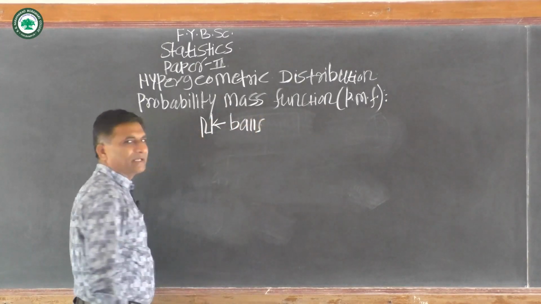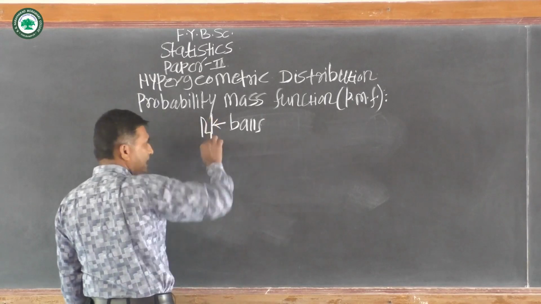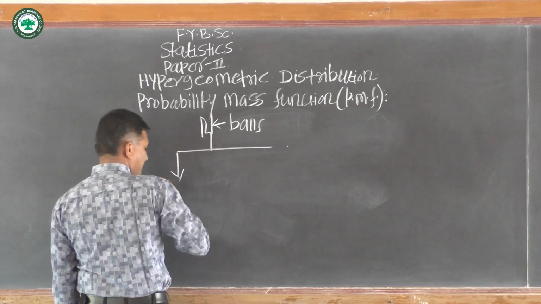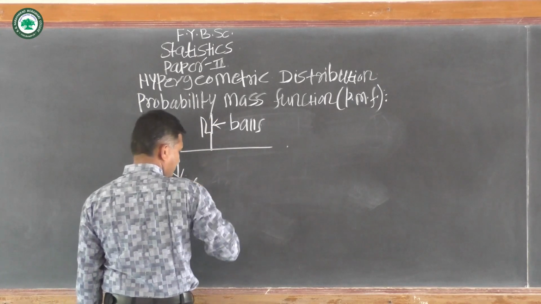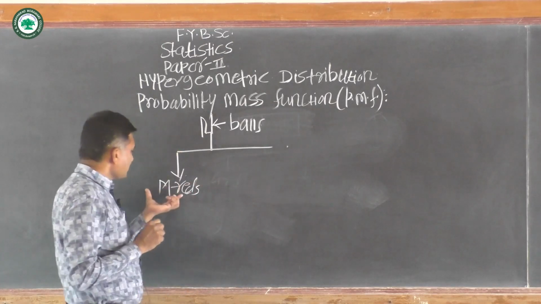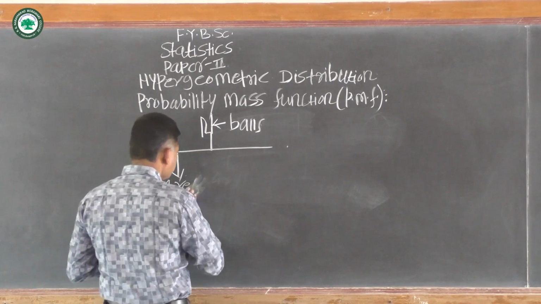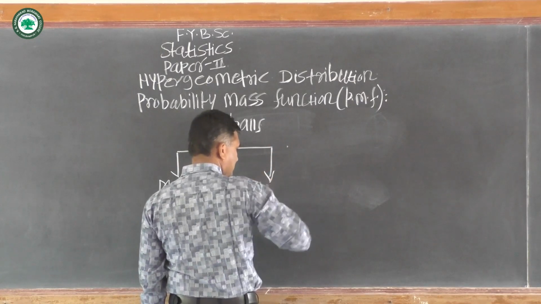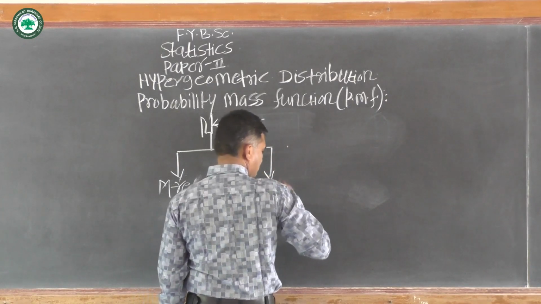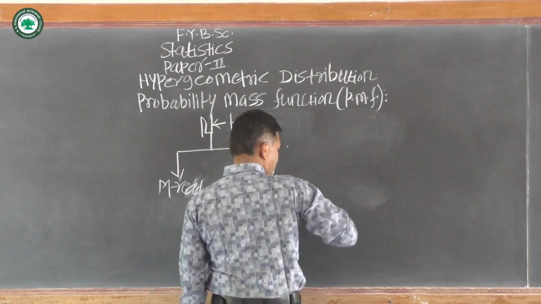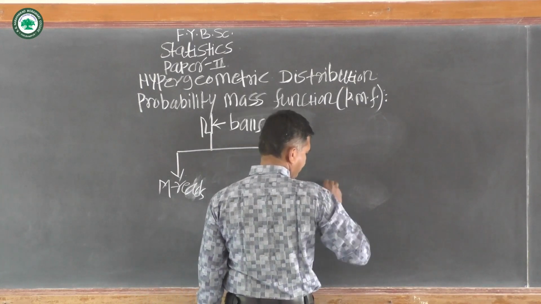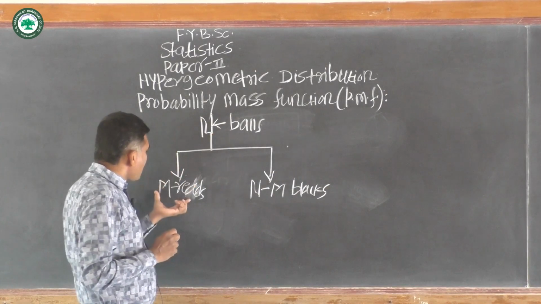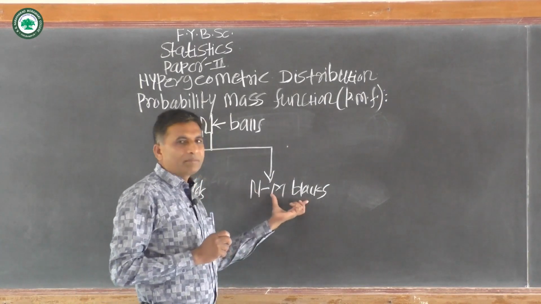Out of these N balls, there are M red balls and the remaining N minus M are black balls.